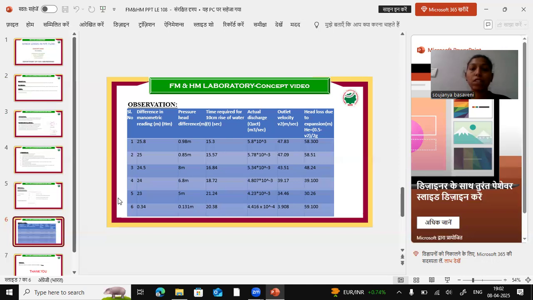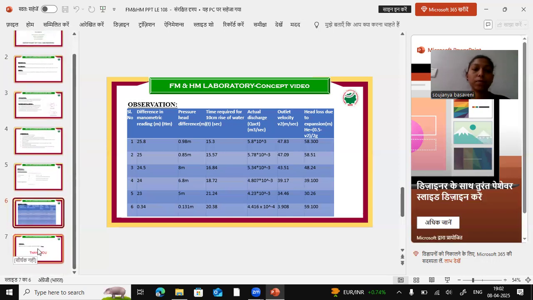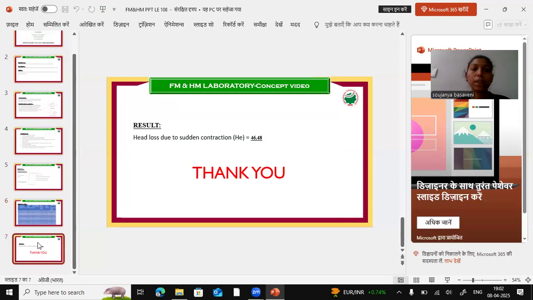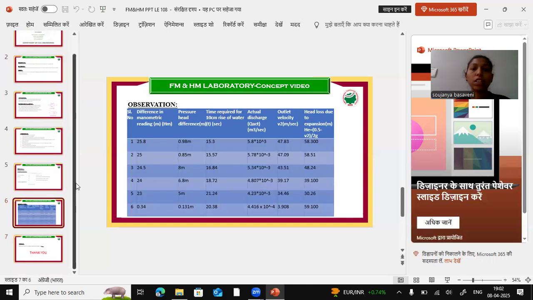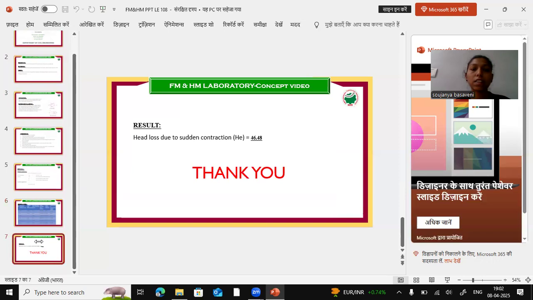The outlet velocity is 3.908 meter per second. The loss of head due to sudden expansion is 59.1 meters. By calculating all these, we get the average loss of head due to sudden expansion as 46.48.